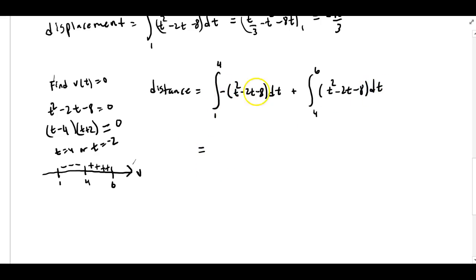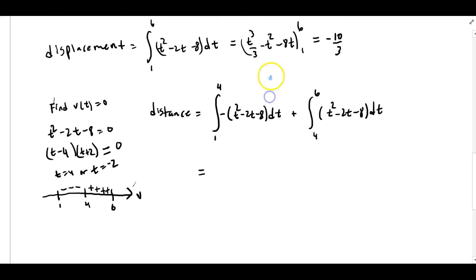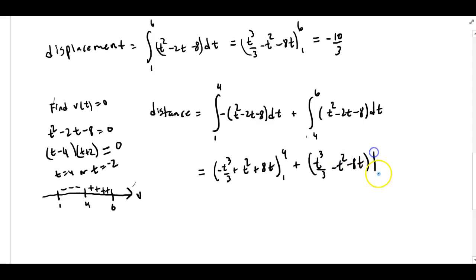So we compute the antiderivative. It will be the same as the antiderivative from the first part, but the negative will distribute through, changing the sign, so the antiderivative will be negative t cubed over 3 plus t squared plus 8t from 1 to 4. And then for the other one we get t cubed over 3 minus t squared minus 8t from 4 to 6.